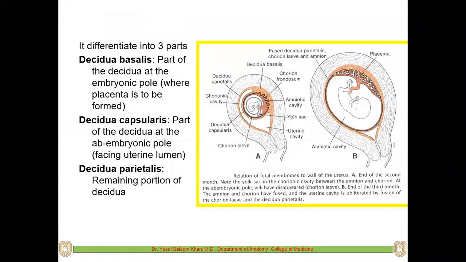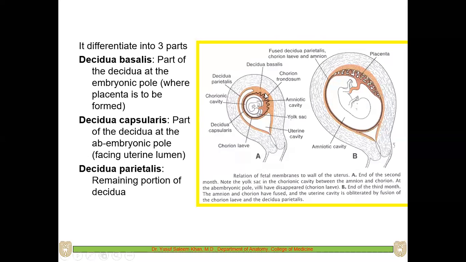Now the decidua itself differentiates into three parts: decidua basalis, decidua capsularis, and decidua parietalis. Decidua basalis is the part of the decidua at the embryonic pole, where the placenta is to be formed.